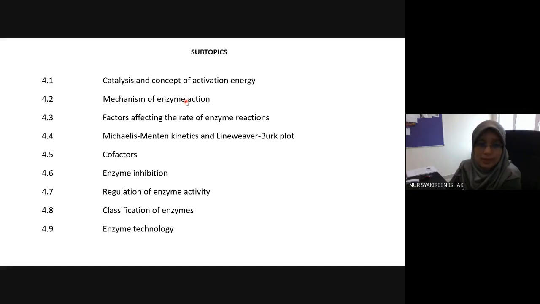And then for 4.3, we are going to look at the factors that affect the rate of enzyme reactions. You have several factors that will affect enzyme reactions, such as temperature. Every enzyme will have its own optimum temperature, and if the temperature increases above the optimum temperature, it may cause the enzyme to denature.